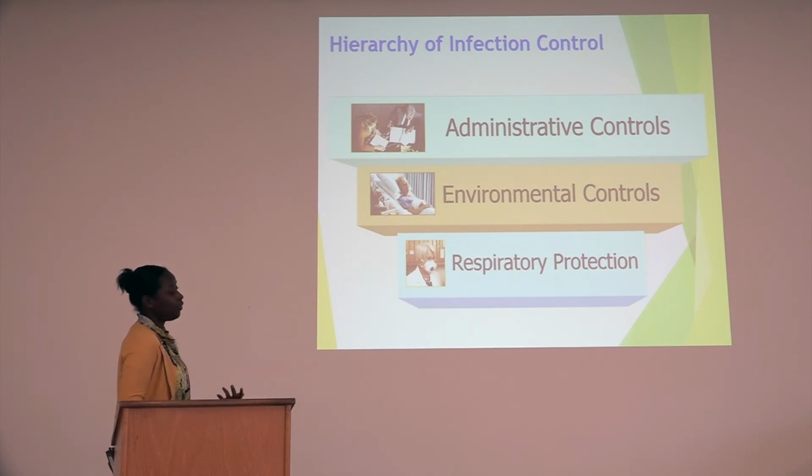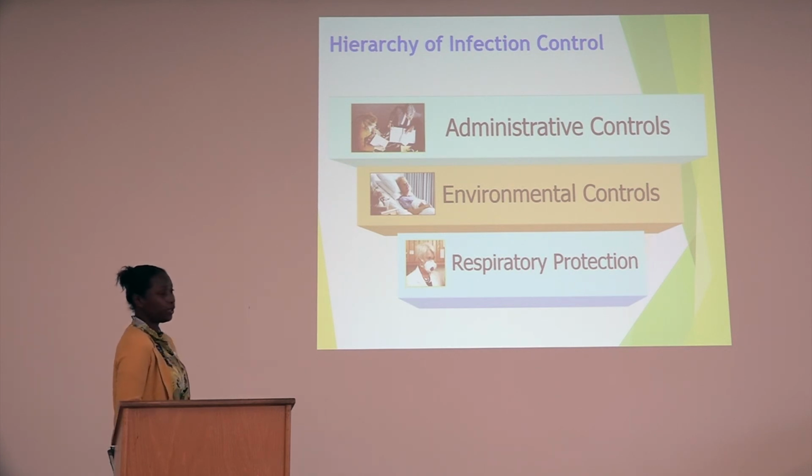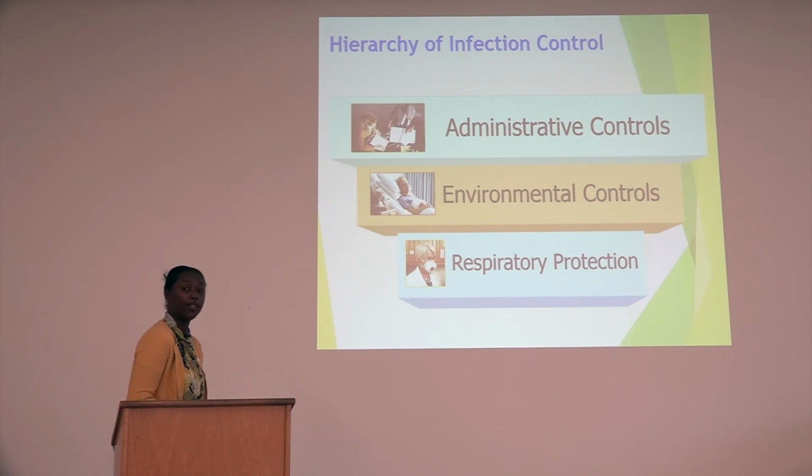So the hierarchy of infection prevention and control starts with administrative controls. Those are policies that we have in place to help you mitigate exposure to bloodborne pathogens and TB. Then we have environmental controls. For TB, the airborne isolation room is our big environmental control.